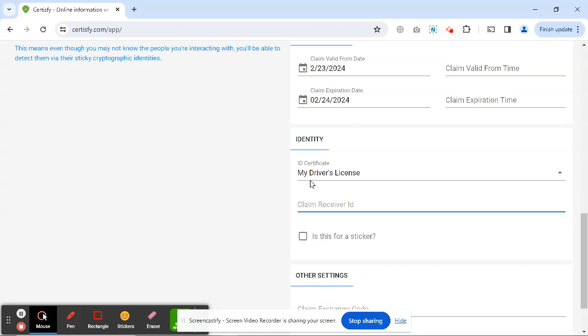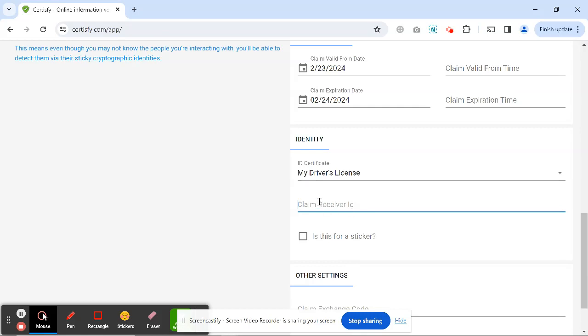In other words, even if I were to get a new certificate, as long as it's the same driver's license number and the same receiver ID, that hash would be the same. So it's a way for the receiver to track me without necessarily knowing who I am. The hash is anonymous, but because of the stickiness of how it's constructed, the receiver can hold me accountable.